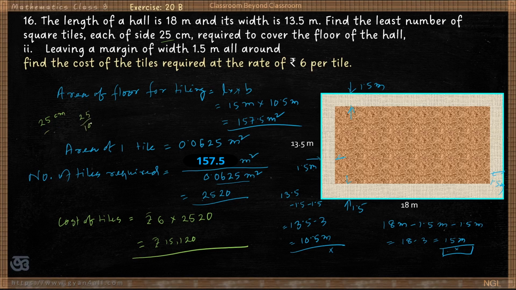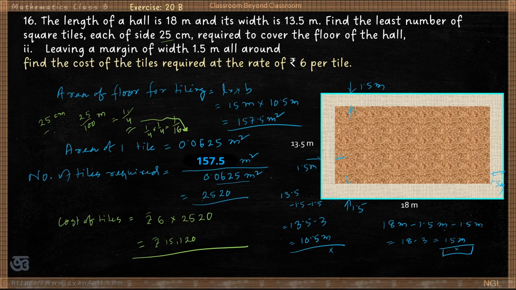divided by 100 meter. So you can use the fraction 1 by 4 also. I have expressed it in decimal, but you can express it in fraction also. Then area will be 1 by 4 multiplied by 1 by 4, that is equal to 1 by 16.